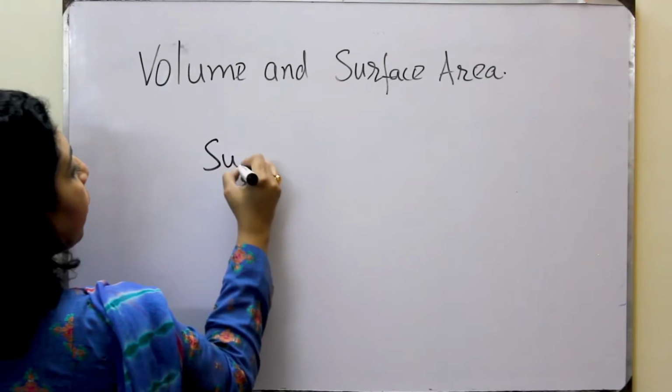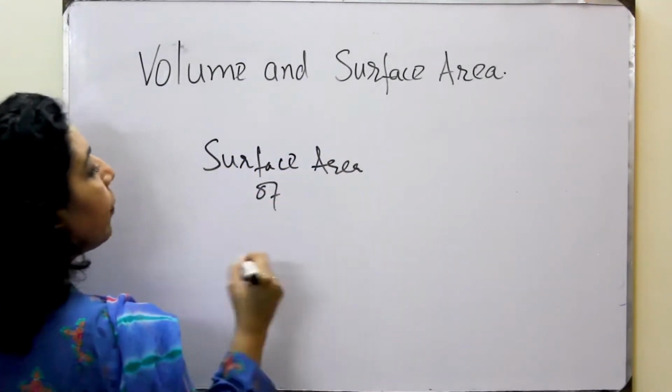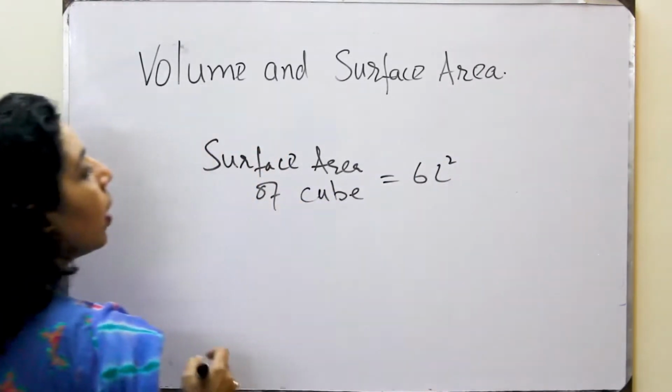Now compare the formula for surface area of a cube with the surface area of a cuboid. You know the surface area of a cube is 6L square. There are 6 sides and all are L square.